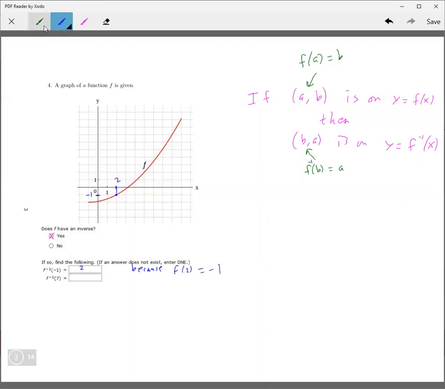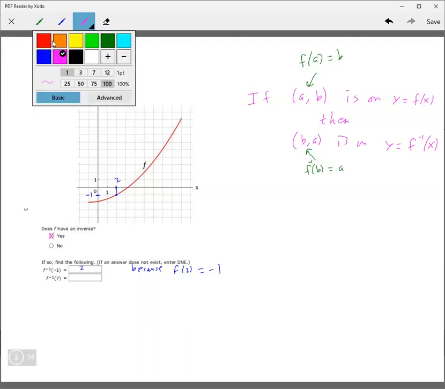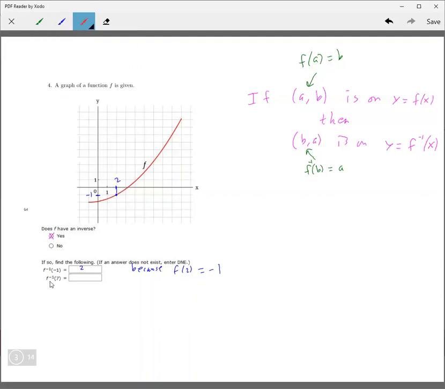Okay, and then for the second part, you look for 7. 1, 2, 3, 4. So 7. You look for 7 here. Go across. Come down. 1, 2, 3, 4, 5, 6, 7. That's 8. So 8 is the answer, because f of 8 is 7.